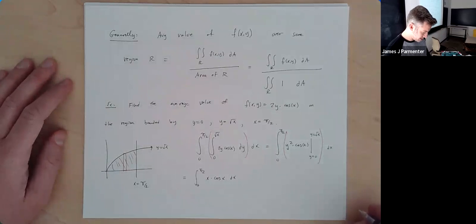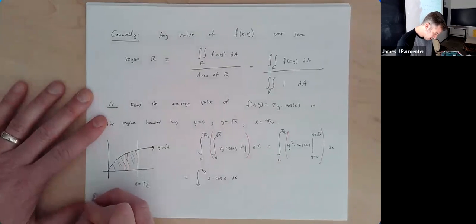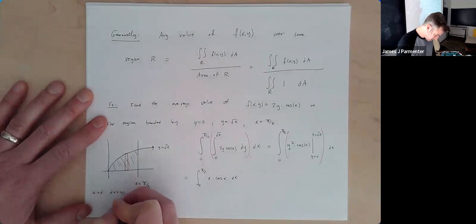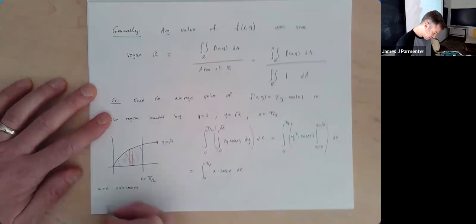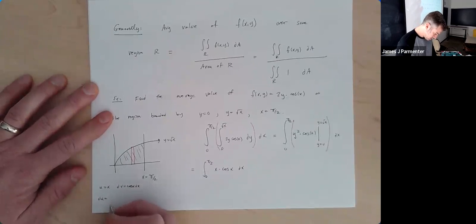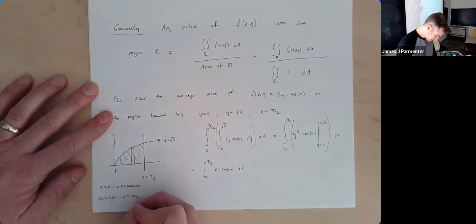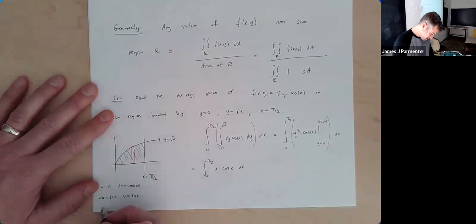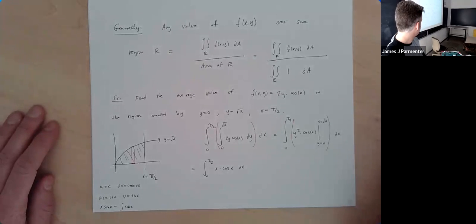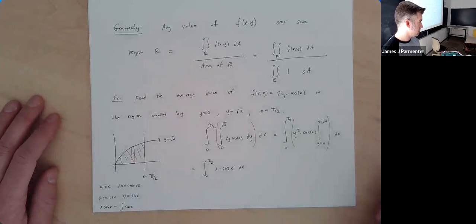And now we have to use integration by parts. So real quick over here, if I let u equal x, dv equal cosine x dx, du is 1 dx, v is equal to sine of x, then I'm going to get x sine of x minus the integral of sine of x, which is x sine of x plus cosine of x.